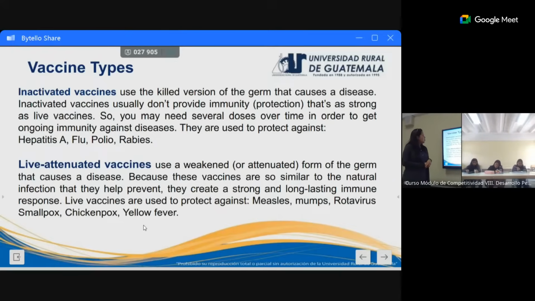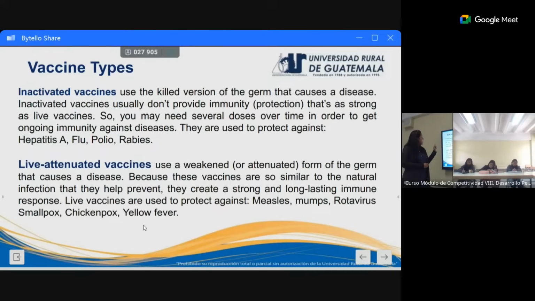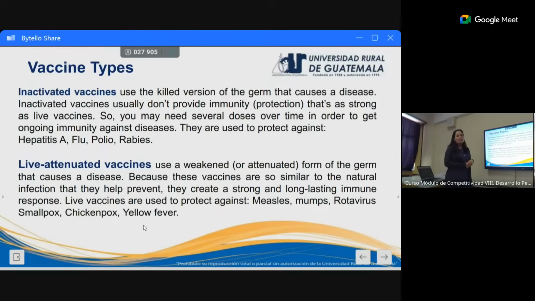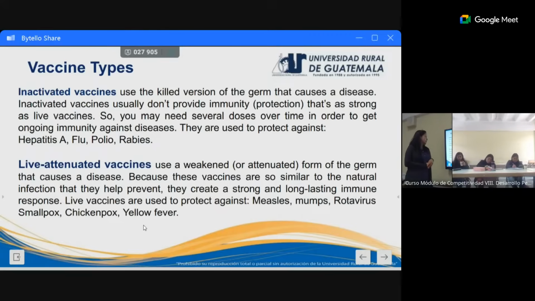They are used to protect against, here we have some of the illnesses, for example, hepatitis A, the flu, polio, and rabies. This is only to give you some examples with inactivated vaccines. Then we have the live attenuated vaccines. Live attenuated vaccines use a weak, or attenuated, form of the germ that causes a disease.